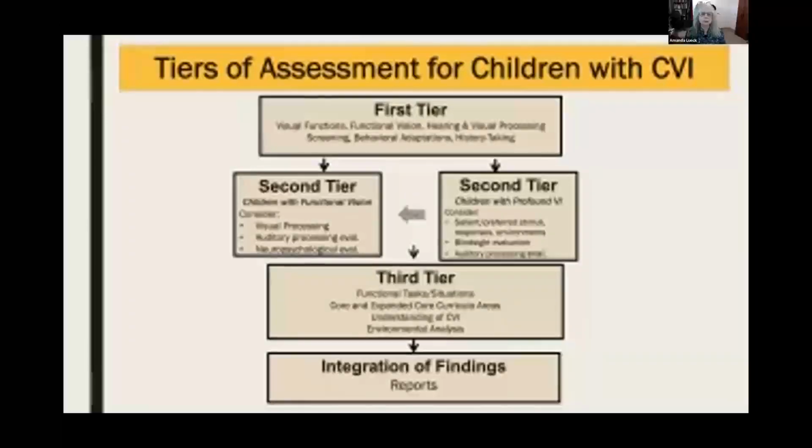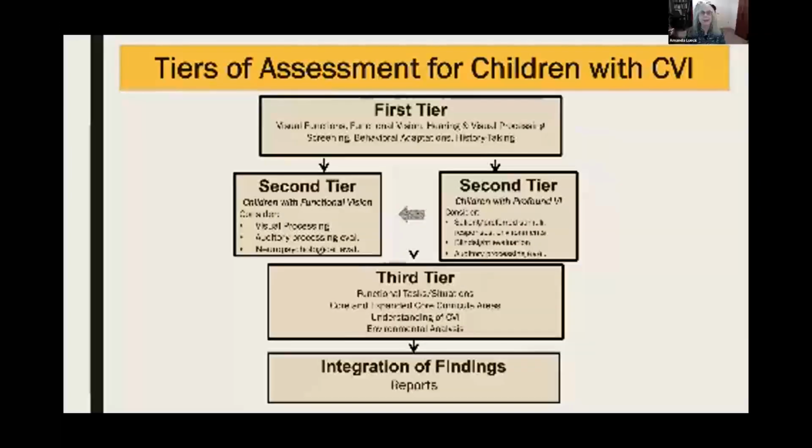You don't really need to put your assessments into these tiers as you're doing them, but it helps to organize my thinking, and I hope you're thinking about them. So I'll go through them in detail later, but just an overview is that in the first tier, there are visual functions, functional vision, hearing and visual processing, screening, behavioral adaptations, and history taking.